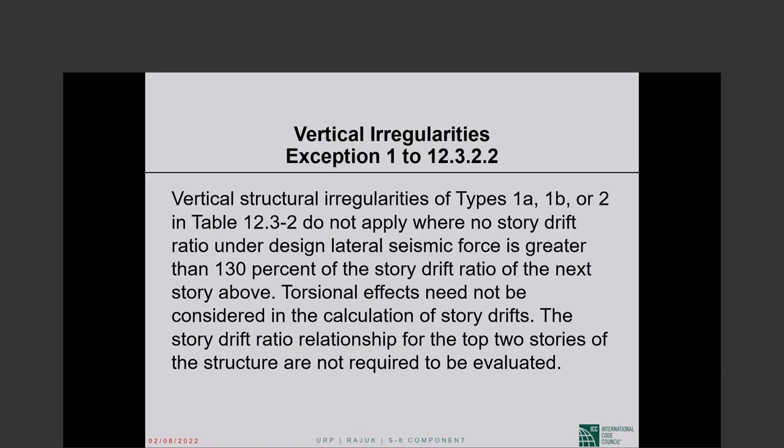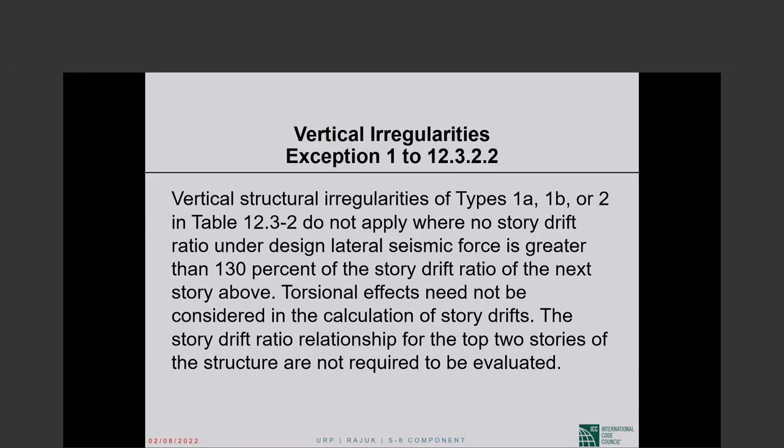They can be considered to not exist where no story drift ratio under design lateral seismic force is greater than 130% of the story drift ratio of the next story above.